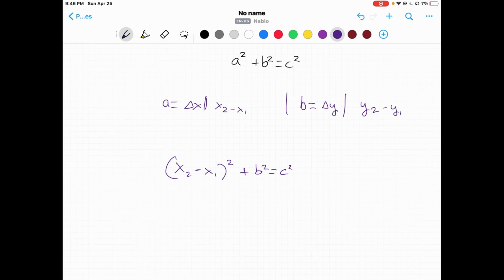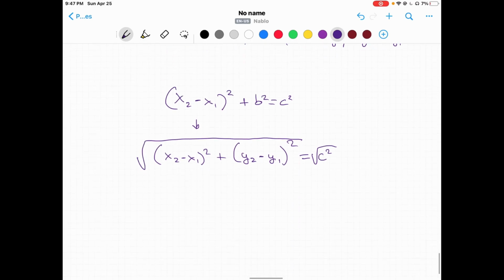So instead of saying b squared, we could say that y2 minus y1 squared equals c squared.